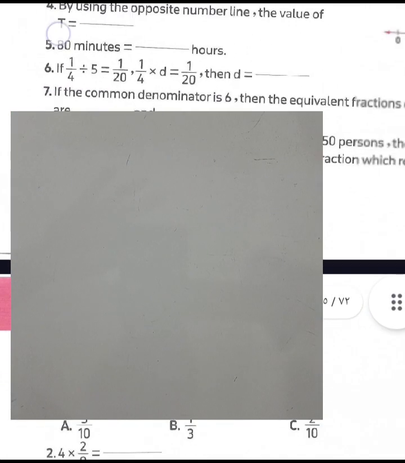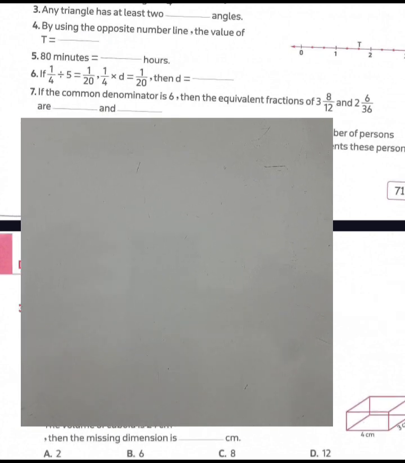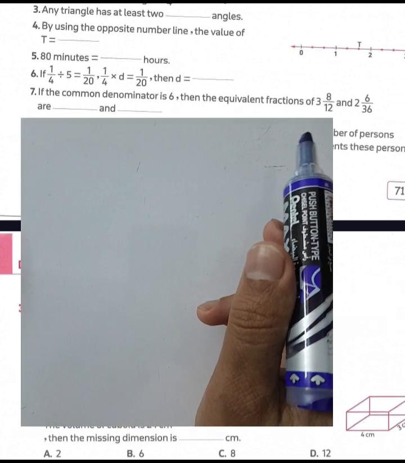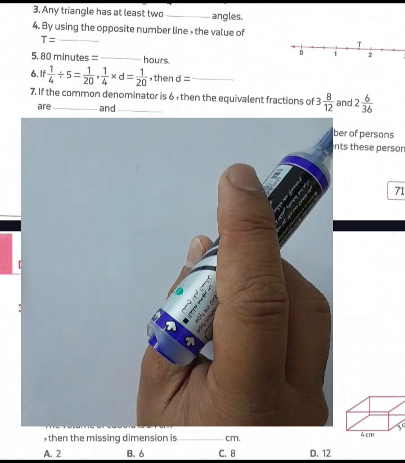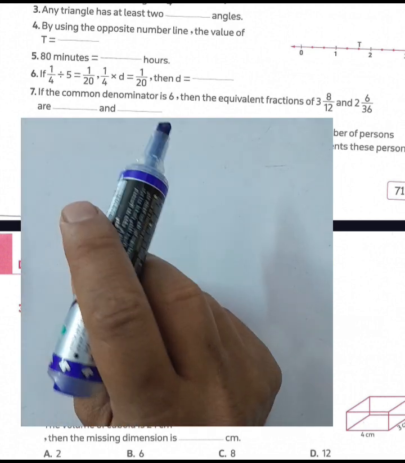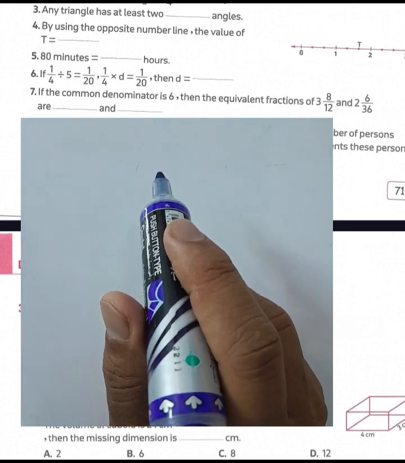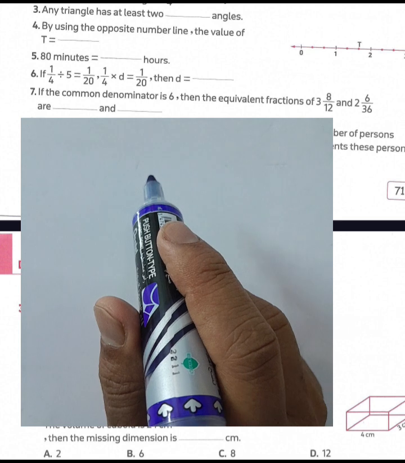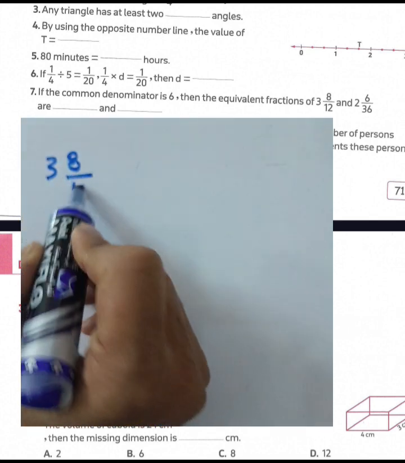Question number 7. The common denominator is 6, then the equivalent fractions 3 and 8 over 12 and 2 and 6 over 36 are blank and blank. We can write the common denominator between two fractions. How do we solve this example? First step, we can simplify the first fraction, 3 and 8 over 12.